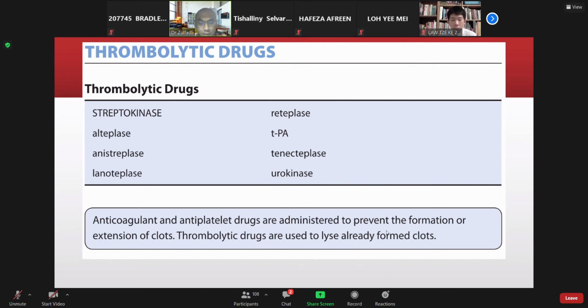So meaning if the clots have not formed yet, this thrombolytic drug is not useful, it does not function if the drug is given. So basically to prevent the formation of clots, we give the anticoagulant or antiplatelet first. And then if there is a clot, the thrombolytic drug is useful to lyse the clots.